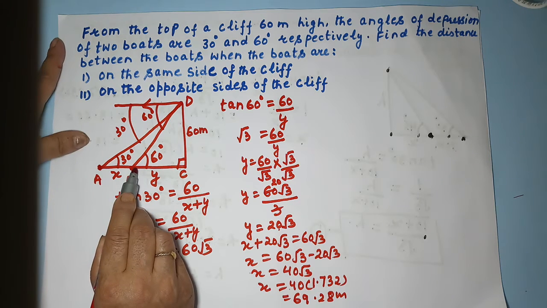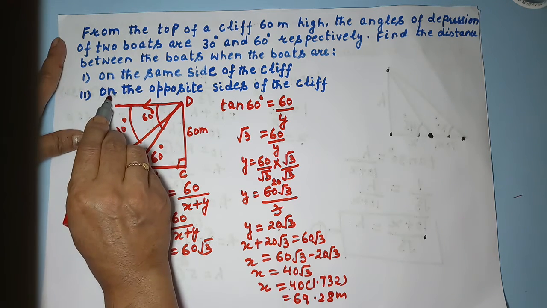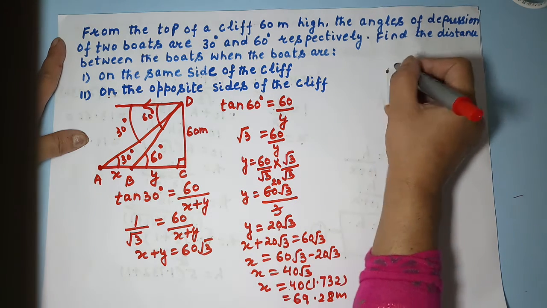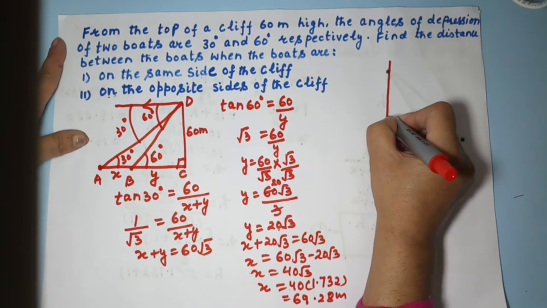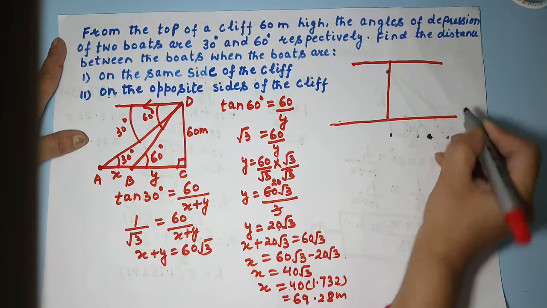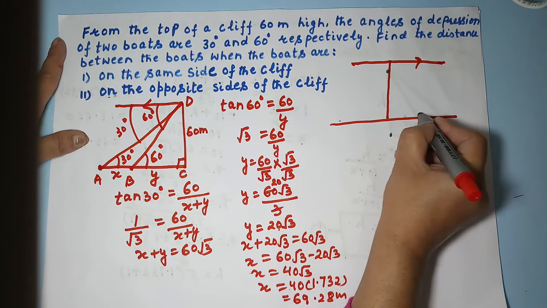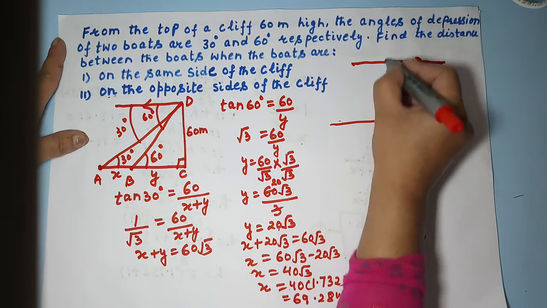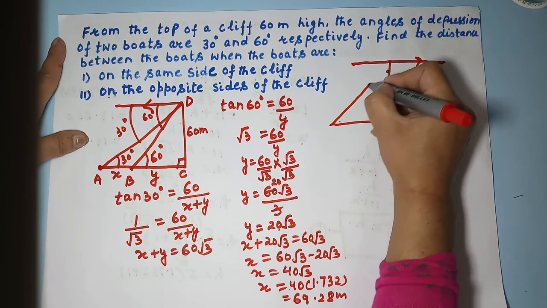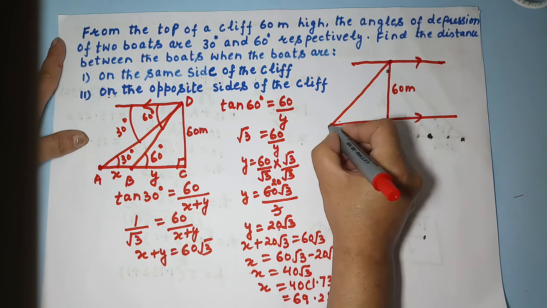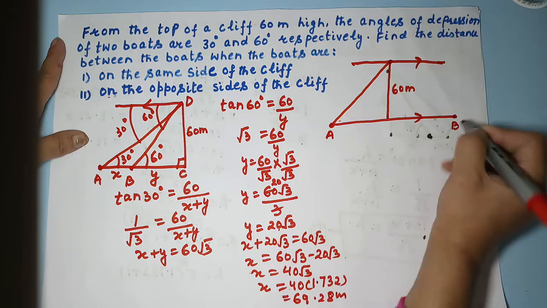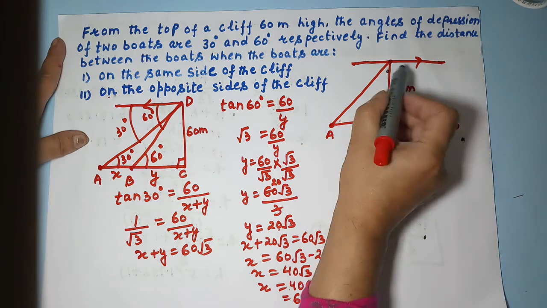Now he's saying that find the distance when the boats are on the opposite side of the cliff. Now this figure will change. Now this is the cliff and this is the reference line. This is the ground line. Here this is parallel to this. This cliff is 60 meters high and the angle of depression from this point to this boat, this time our boat A is here and boat B is here on the opposite side of the cliff, right?